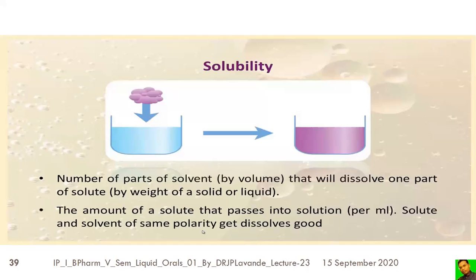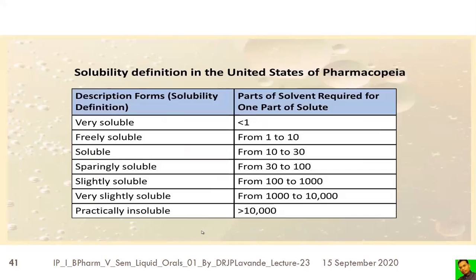It is the amount of solute that passes into solution per ml. The solute and the solvent of the same polarity will get dissolved.